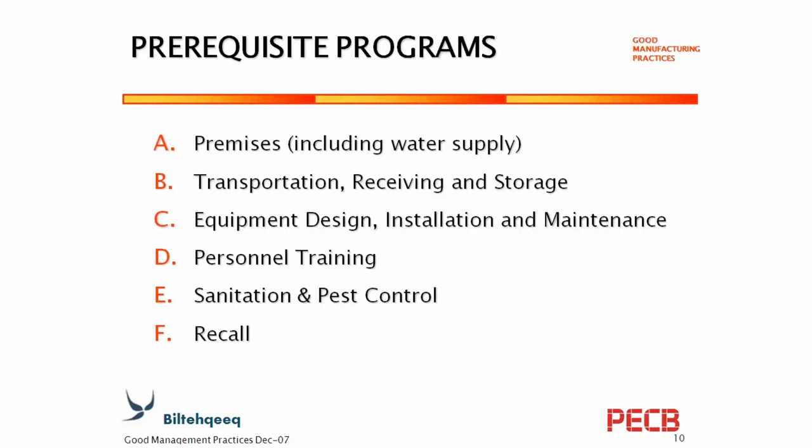And the second issue is transportation, receiving and storage. When you transport your material, receive it in your plant and store it, you have to ensure that during all these stages there should not be any contamination, or any hazard which can destroy or disturb your food management system.